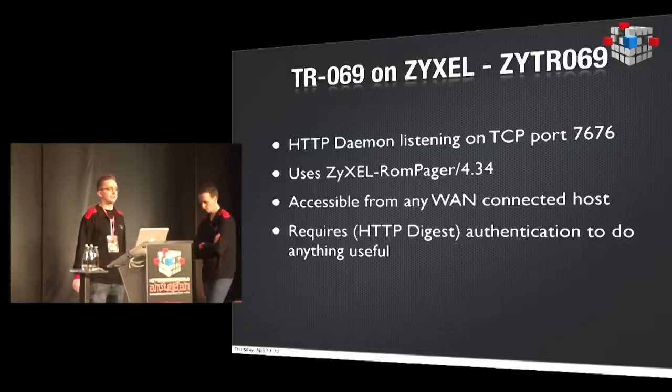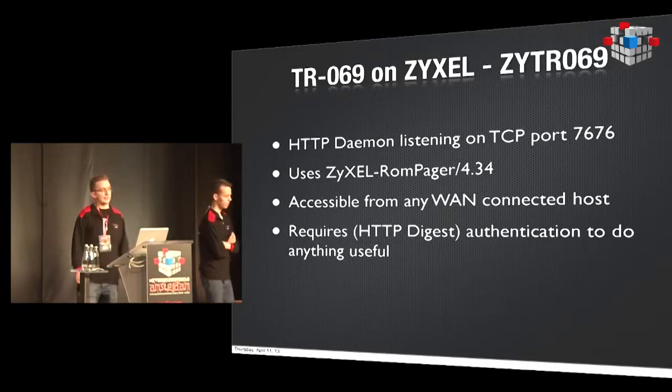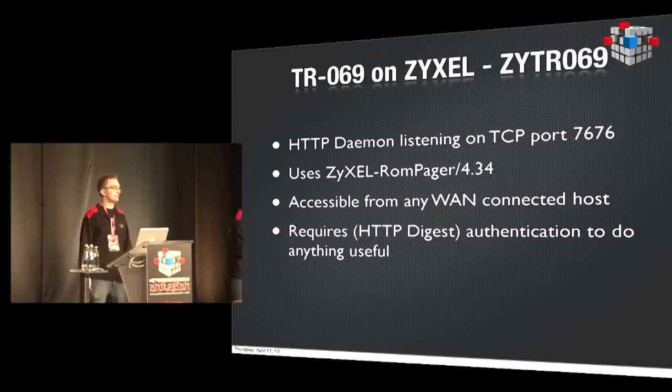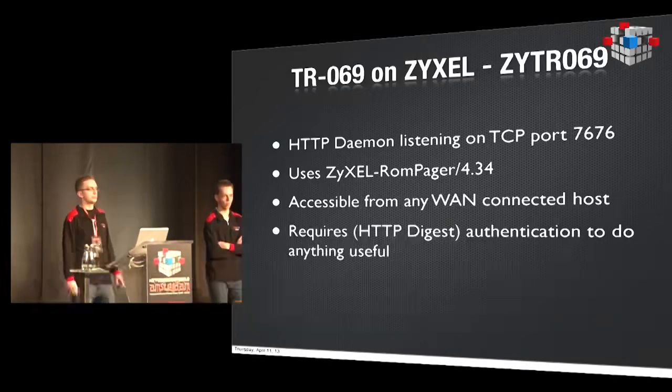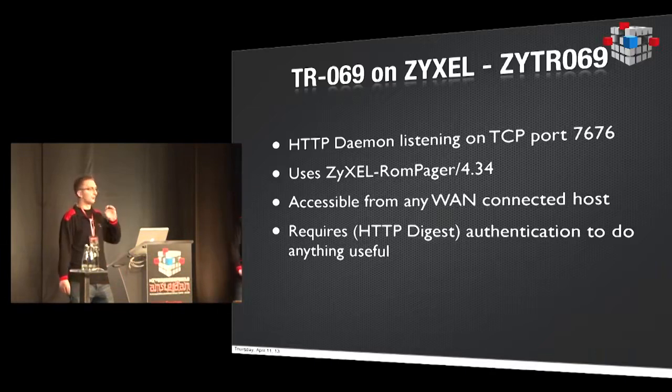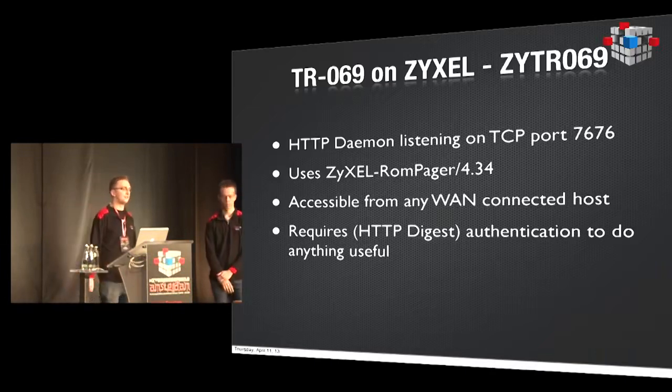So let's have a look at TR069 on these Geissler modems. There's the HTTP daemon listening on TCP port 7676, like we mentioned. One thing we notice if we do an HTTP connection to this port is that the response will reply with a server header which says Geissler RomPager version 4.34. More on this later.